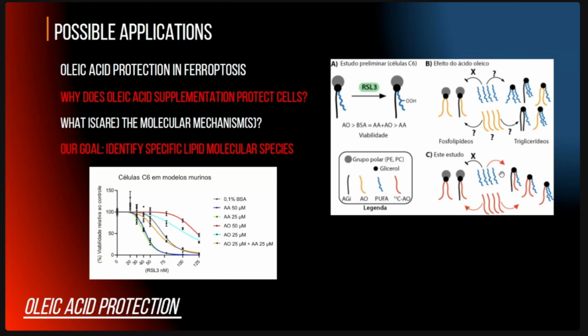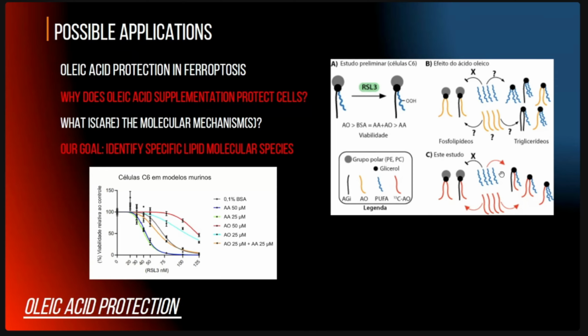And so there's a lot of information in the literature about the role of oleic acid as an antioxidant in different sorts of models and conditions, also in ferroptosis. And the main explanation is that when you put oleic acid into cell culture, the polyunsaturated fatty acids do not get esterified into the phospholipids, rather they go into the storage lipids.